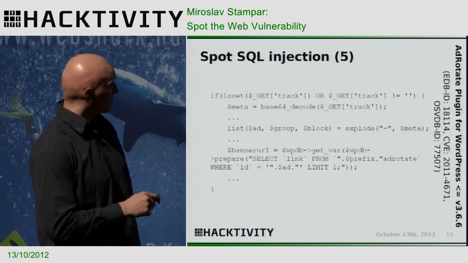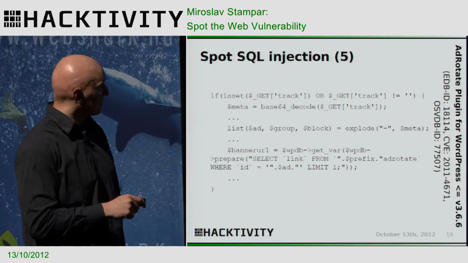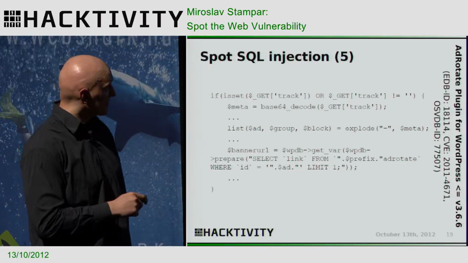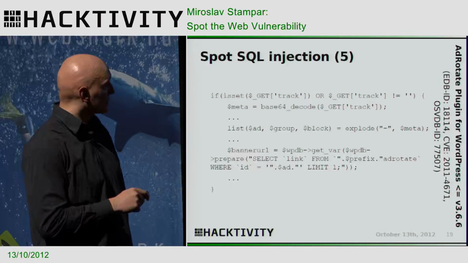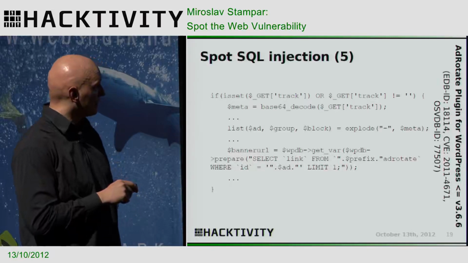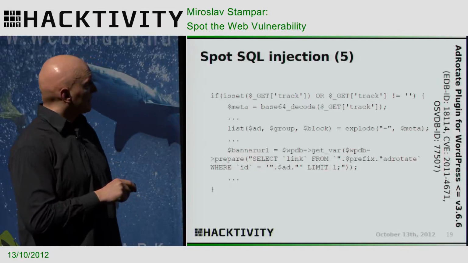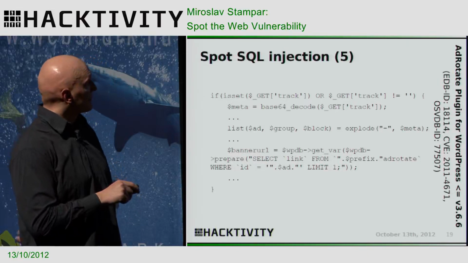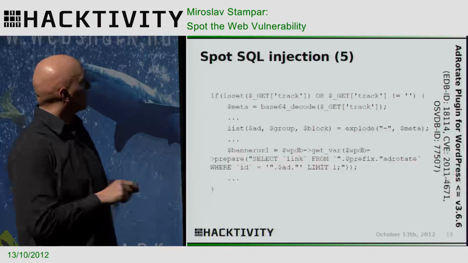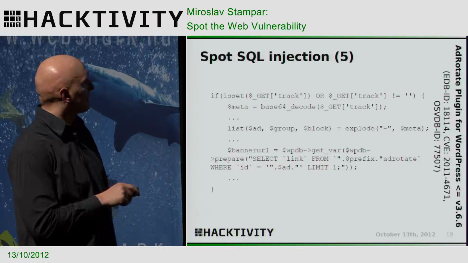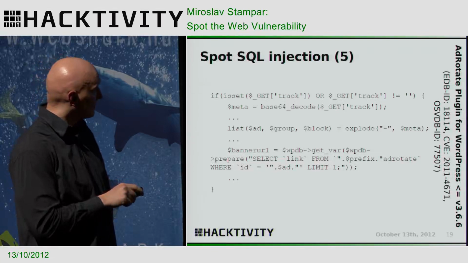But when you break this part, you will come to this part where he just used the prepare the wrong way. So the proper way should be here to make the select link from, instead of using that variable, this add is coming from the track.